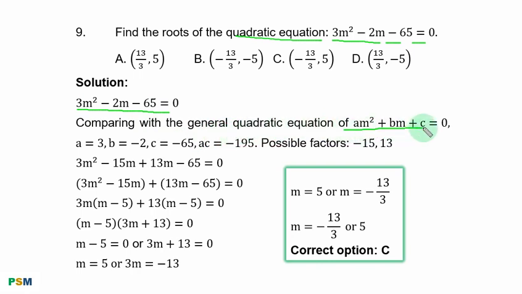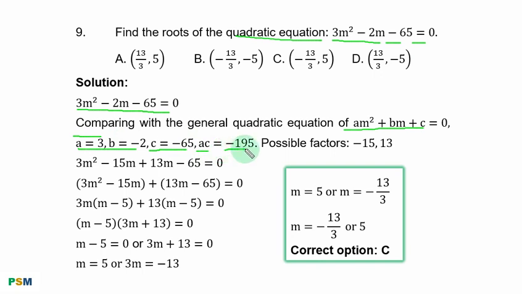Here the variable is m. When you compare the coefficients, a is equal to 3, b is equal to minus 2, c is equal to minus 65. Whenever a is not equal to 1, you get AC, the product of a and c, and that is minus 195.